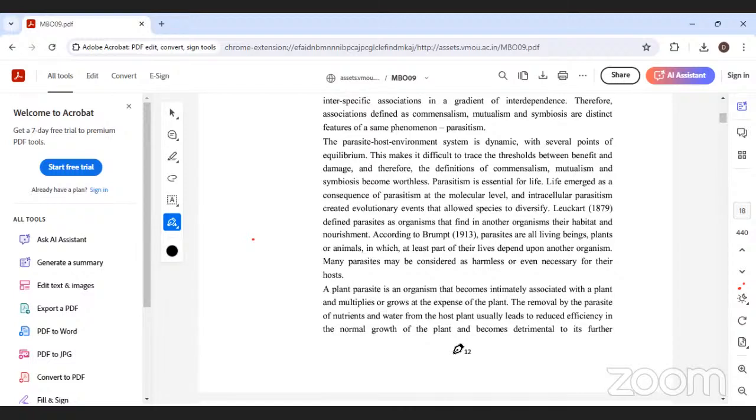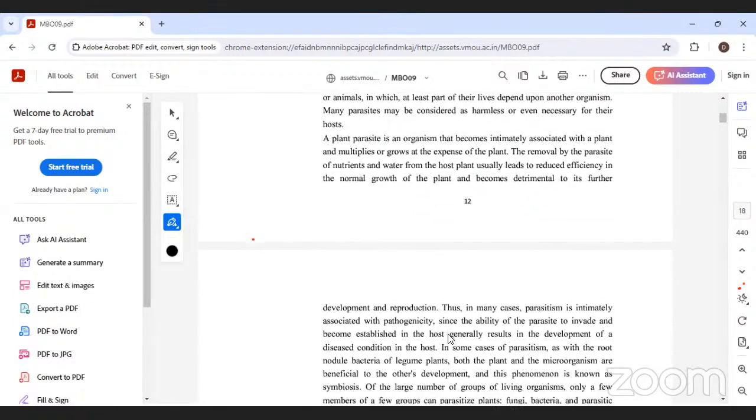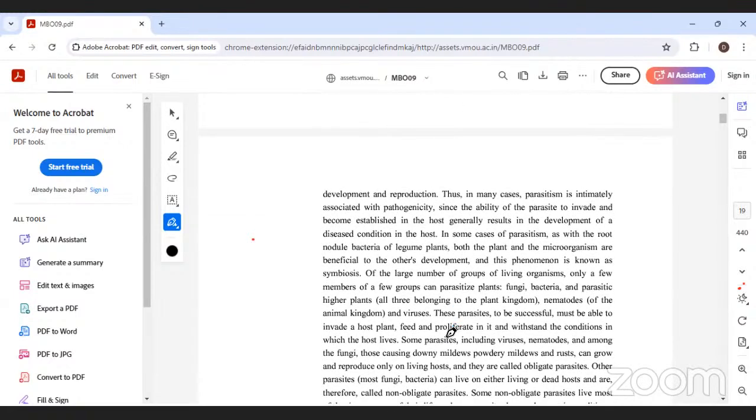For example, plant parasites are organisms that become intimately associated with plants and multiply and grow at the expense of the plant. The removal by the parasite of nutrients and water from the host plant usually leads to reduced efficiency in the normal growth of the plant and becomes detrimental to its further development and reproduction.